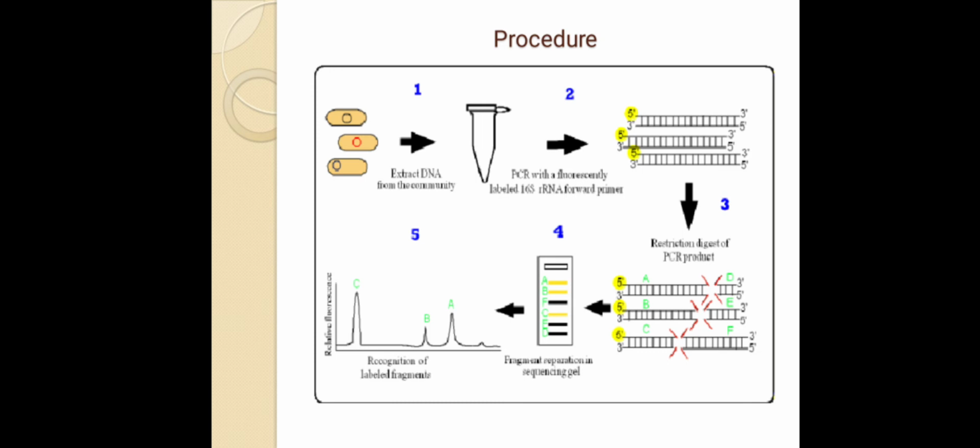The next part, this radio labeled DNA is treated with the lytic enzyme DNase 1 or deoxyribonuclease 1. This step will cut the DNA into fragments, and we will get a number of small fragments.